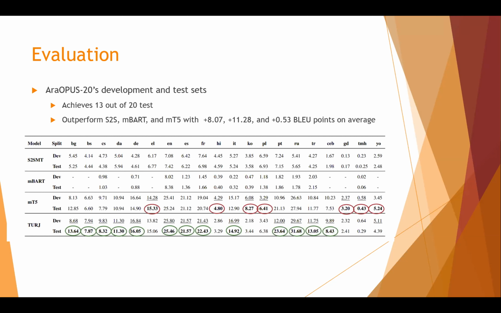Compared to the sequence-to-sequence model, it gives on average 9 more BLEU points. However, it's only slightly better than MT5. As you see in the red circles, MT5 outperformed TURJUMAN in 7 languages.